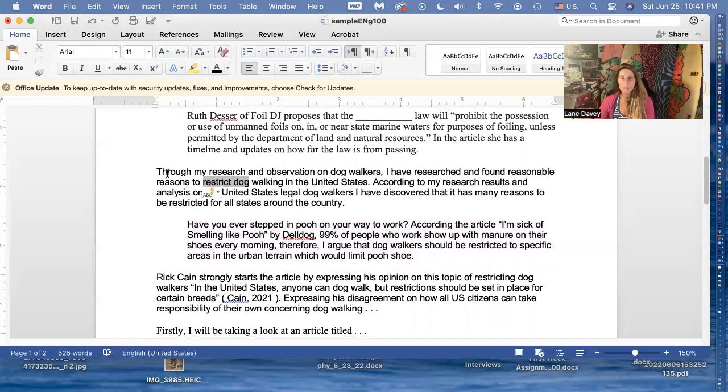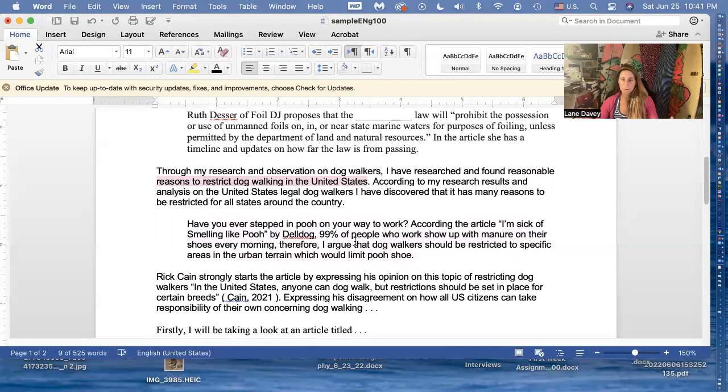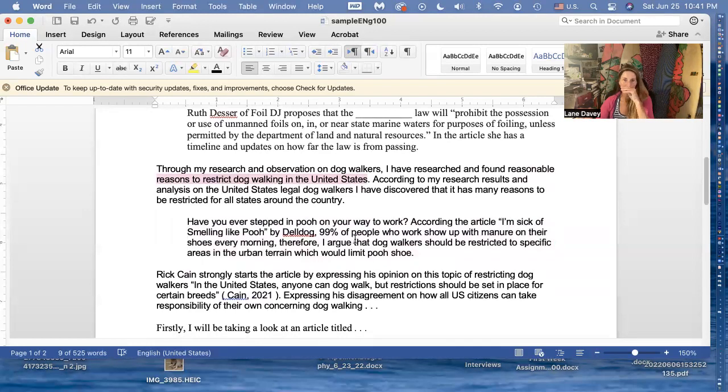This tells us nothing except that you found reasons to restrict dog walking in the United States. We don't know what it is about dog walking. We know nothing about why you find your research valid. Come on, work at it, okay?